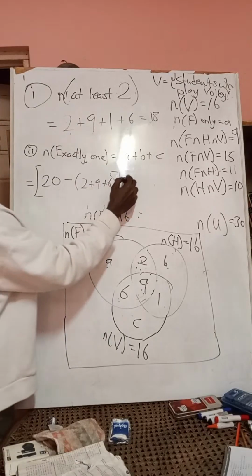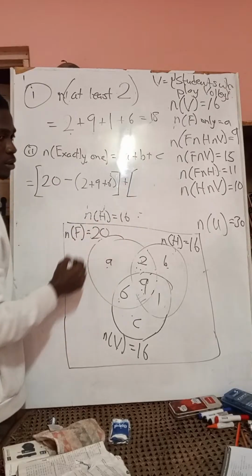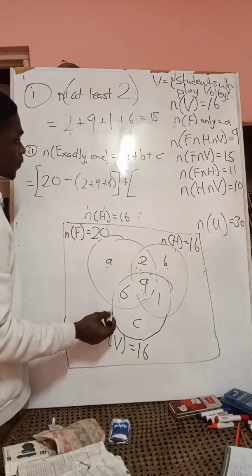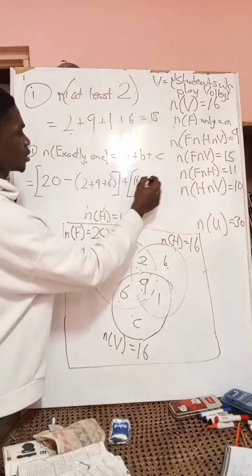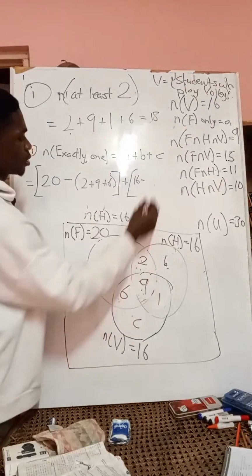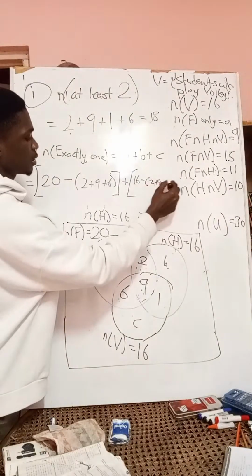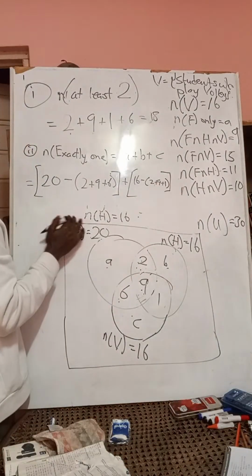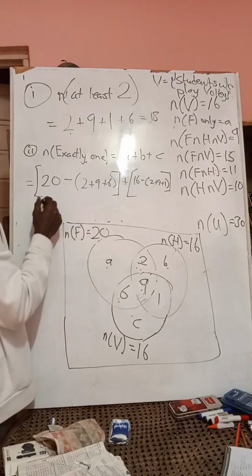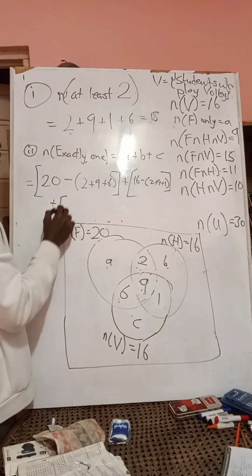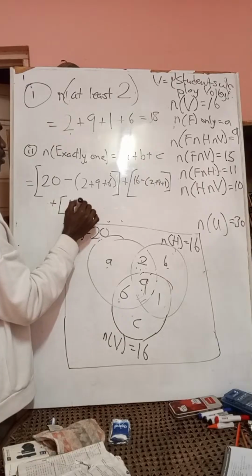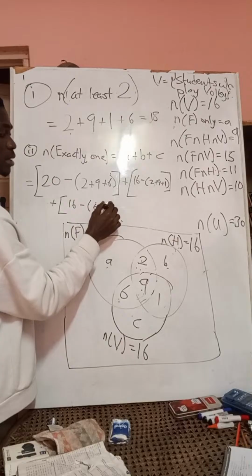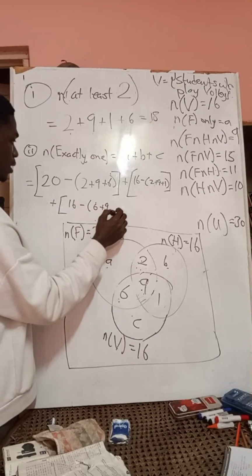This is for A, plus another bracket: 16 minus 2 plus 9 plus 1, closed. Plus another bracket: 16 minus 6 plus 9 plus 1.